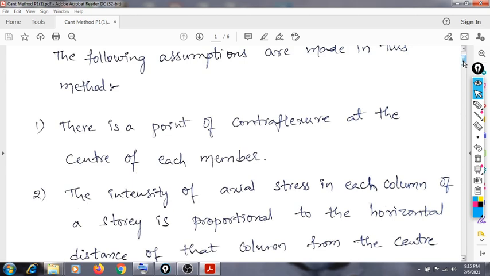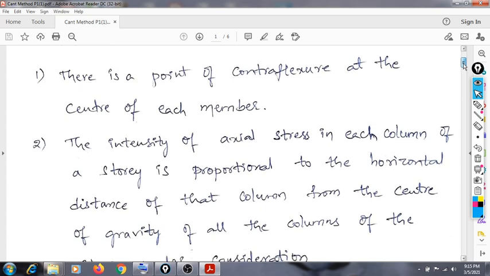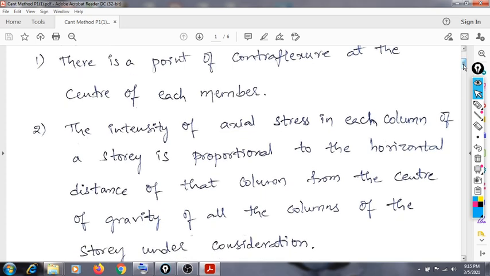The second assumption is that the intensity of axial stress in each column of a story is proportional to the horizontal distance of that column from the center of gravity of all the columns of the story under consideration.